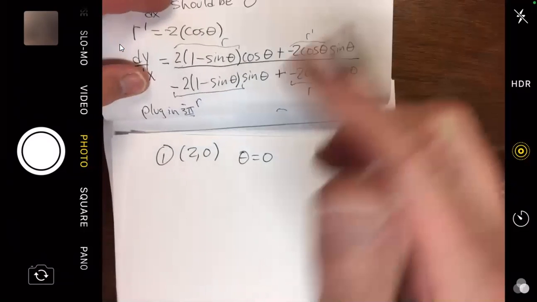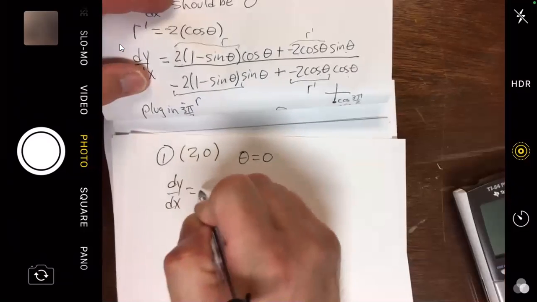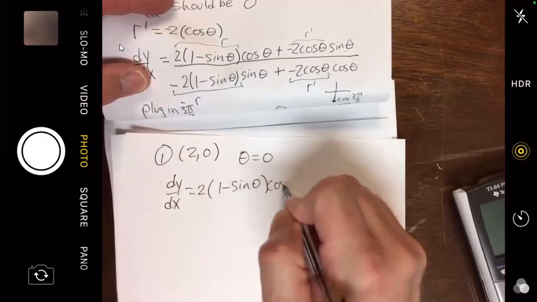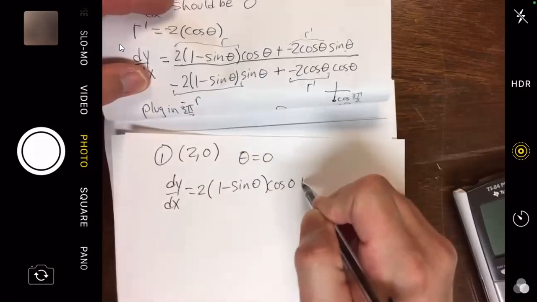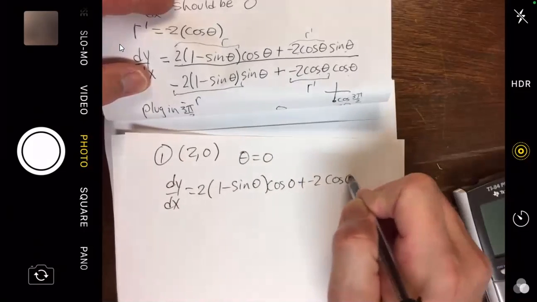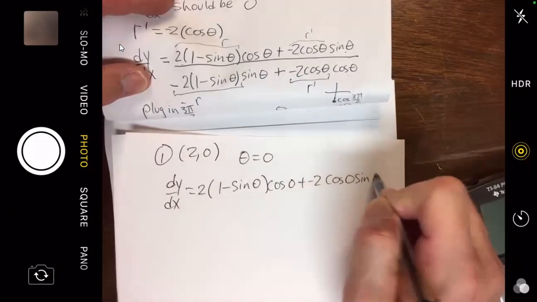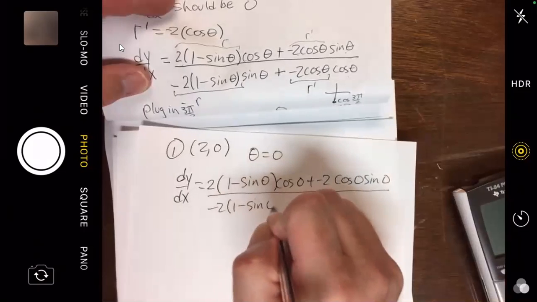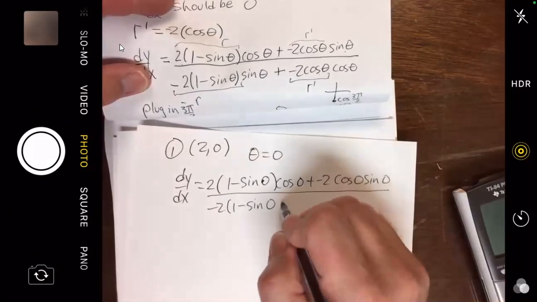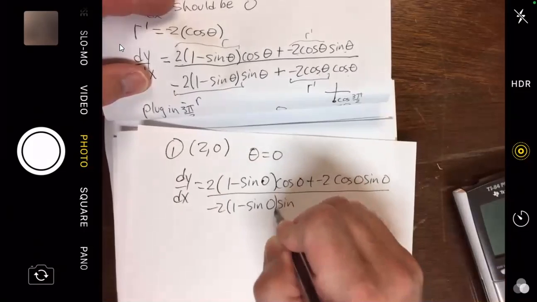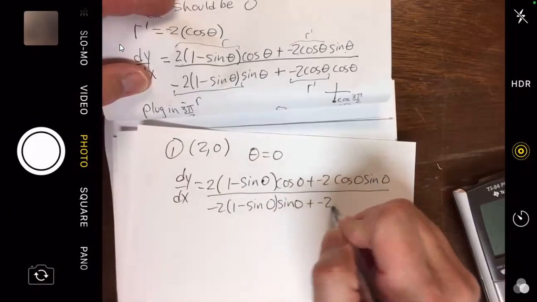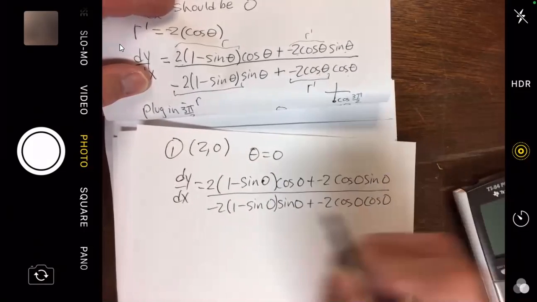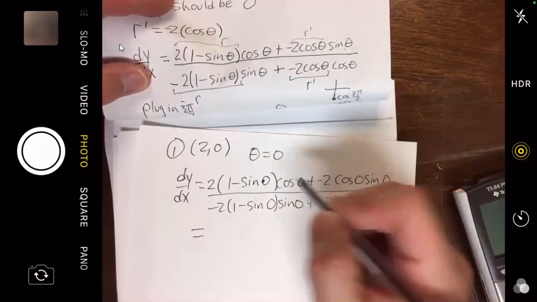So dy/dx would then be 2 times 1 minus sine 0, cosine 0, minus 2 cosine 0 sine 0, over negative 2 times 1 minus sine 0, sine 0, plus negative 2 cosine 0 cosine 0.